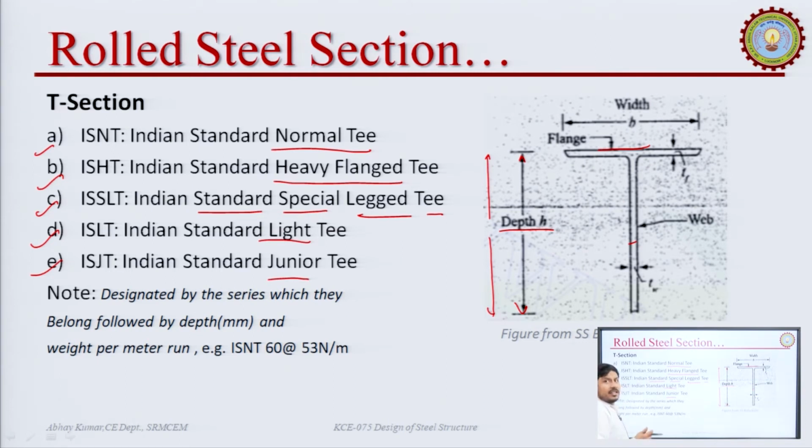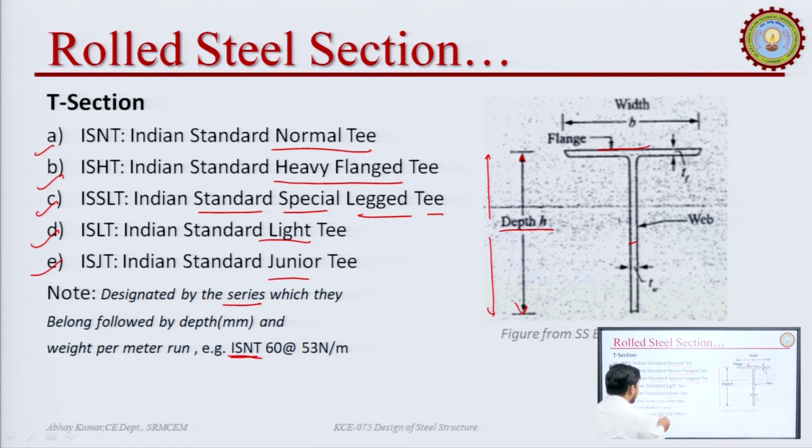How is it designated? It is designated by the same set of rules that we used in the I section and the channel section. For example, the section which we are designating here is from the normal T series.